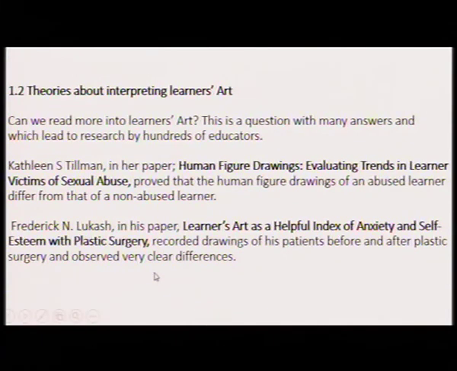Also, the study of Frederick, in his paper Learner's Art as a Helpful Index of Anxiety and Self-Esteem with Plastic Surgery, recorded drawings of his patients before and after plastic surgery, and observed very clear differences.